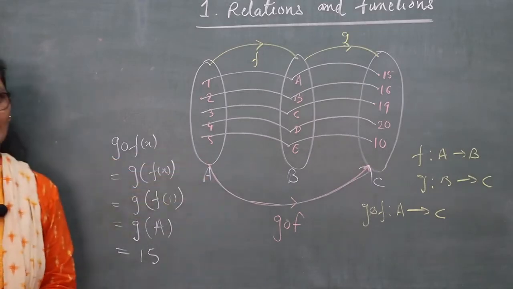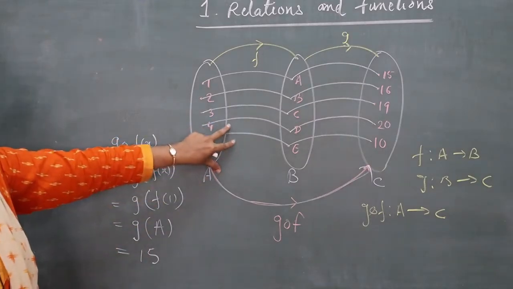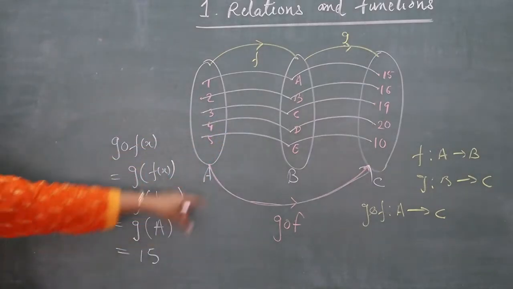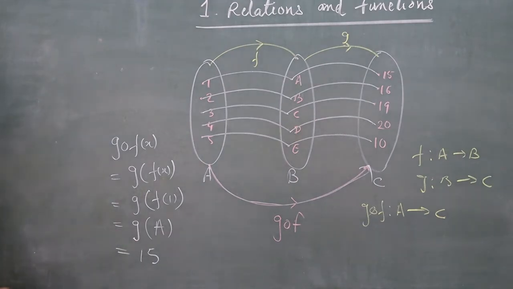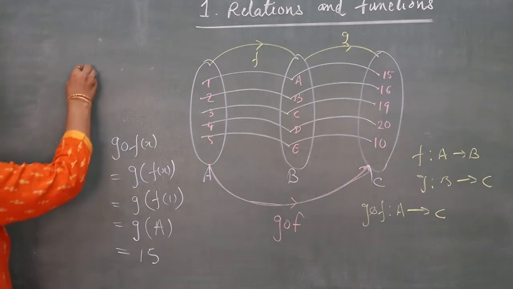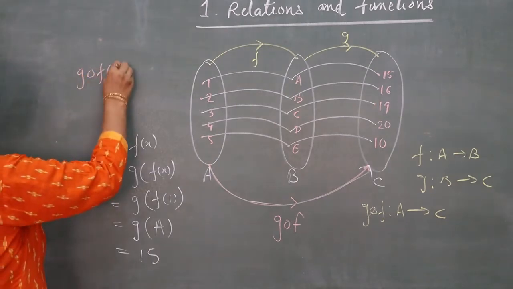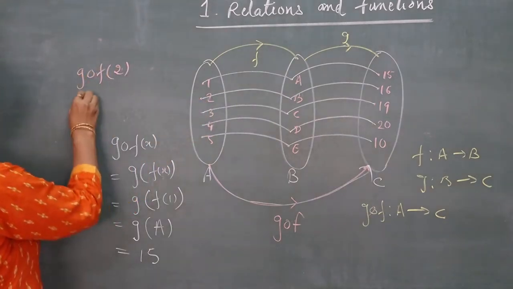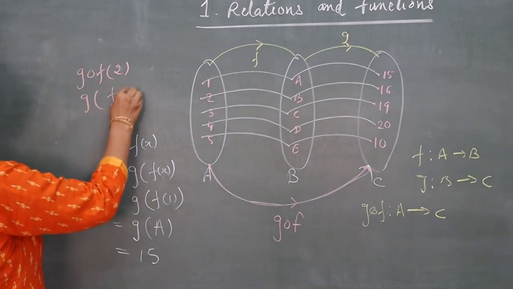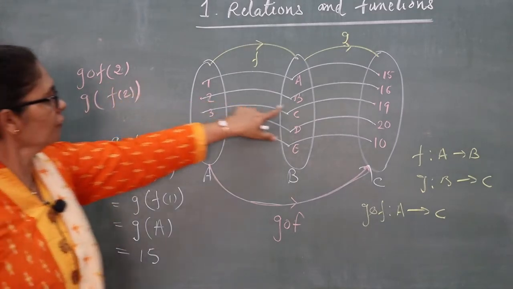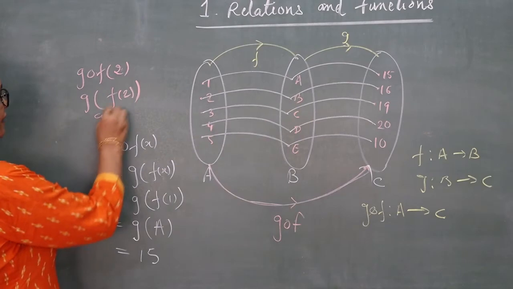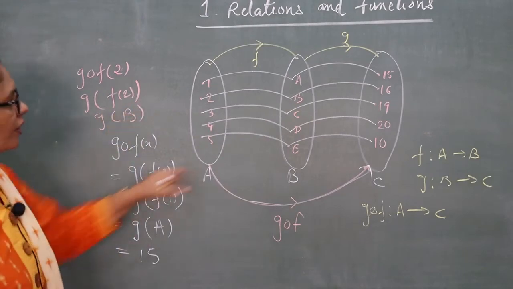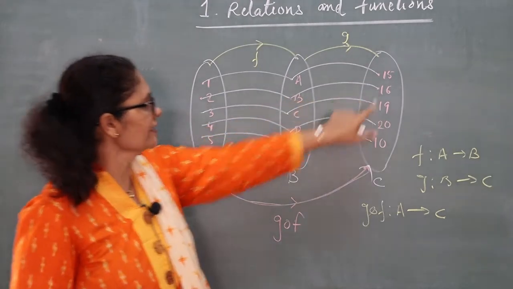I have already explained these things, the definition, in our previous class, and we took one example. So this is the composition of a function. Same way let's take another example, g over f of 2. I take the second, so g of f of 2. Now what is f of 2? Here B, so we write g of B. Now g of B is 16.